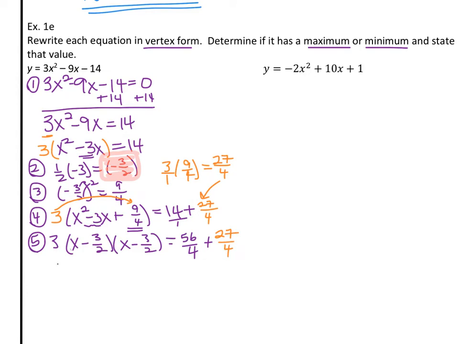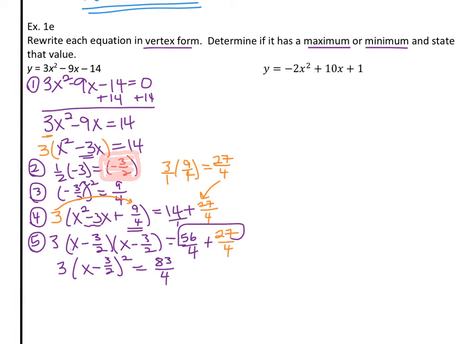All right, last but not least, on the left, we'll write as a perfect square 3 times x minus 3 halves squared. On the right, if we add our numerators together, 56 plus 27 is 83. And that gives us 83/4.